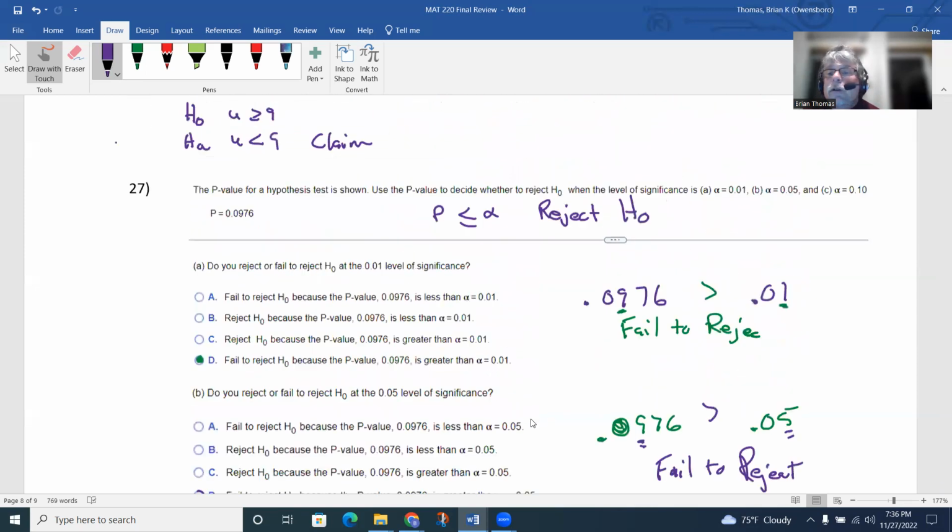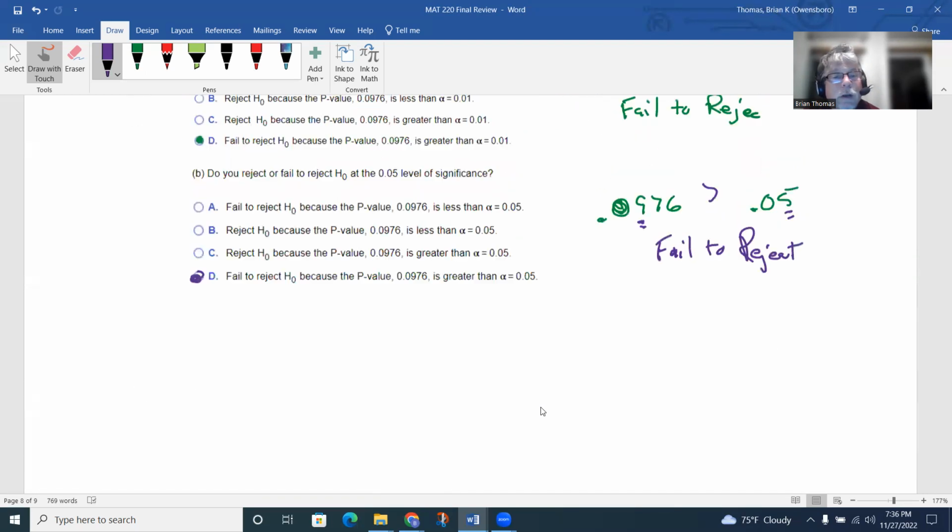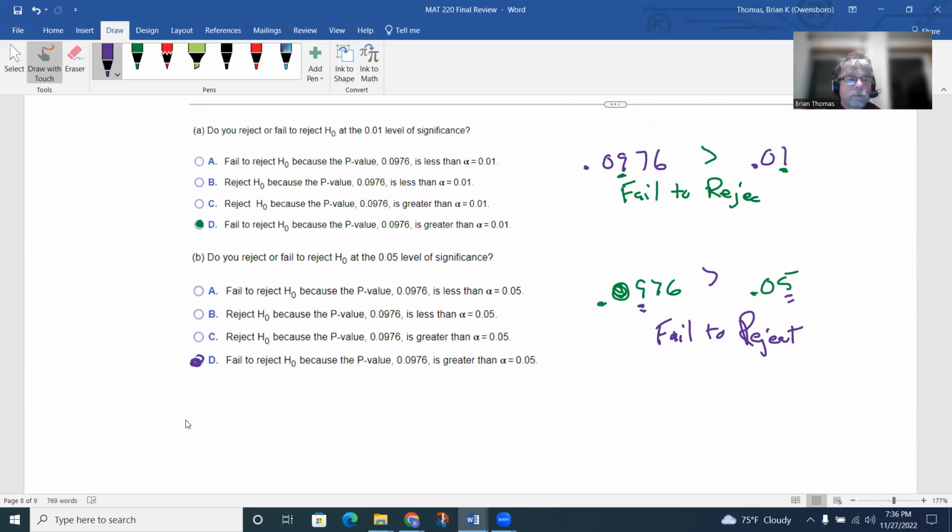So is there a third one there? And 0.10. I didn't do that one. So what about 0.10? C. If we compare 0.0976 to 0.10, how does that compare? Notice here, you actually have a number in the tens place. This number is a 0, this is a 1.